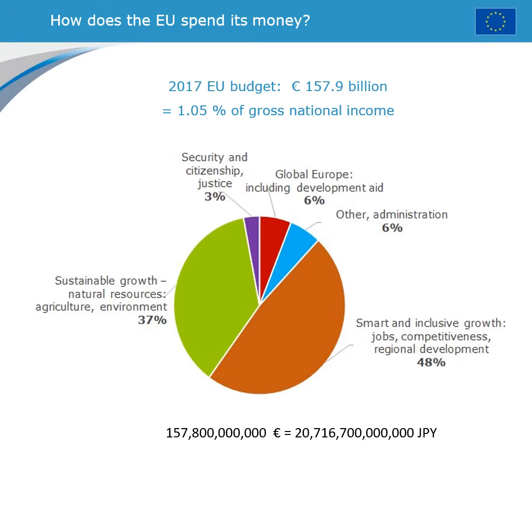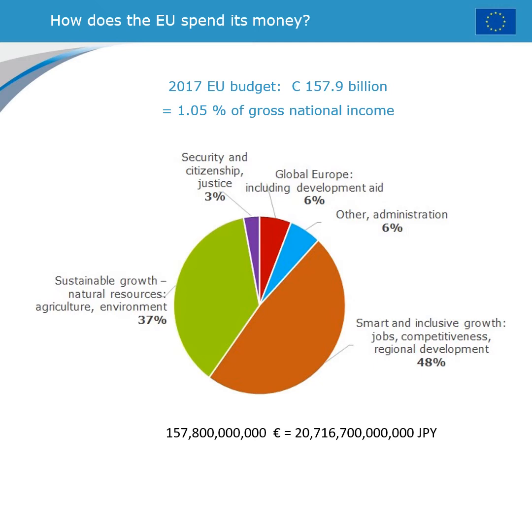So the EU in Brussels collects money from the member states. In 2017, the EU budget was 157.9 billion euros. That's a lot of money. It's 1.05% of gross national income.